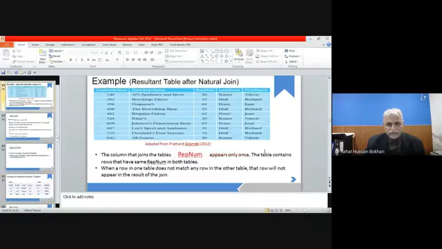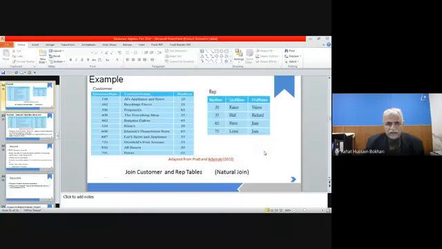So it should be the resultant table after natural join, in which the attribute that was common, we kept one copy of that. There are 3 columns in the customer and 3 columns in the rep, and the rep number column is common between the two relations, customer and rep, so it should be written only once.